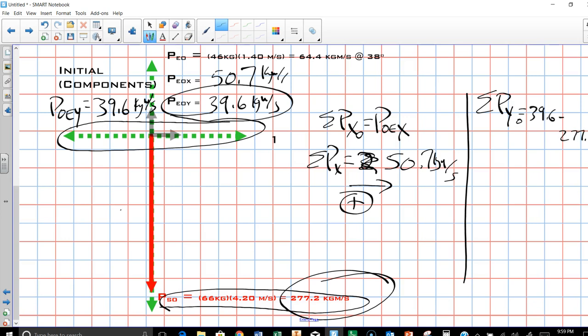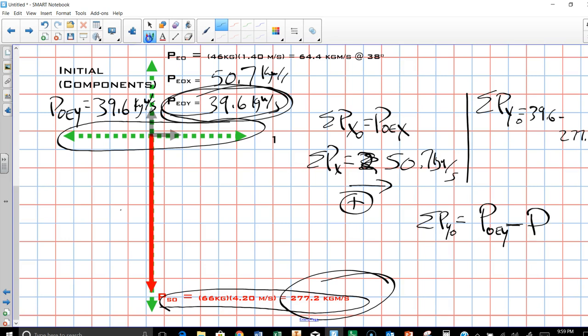Or if I was going to write it out in symbols, and let me give myself a little more space, I would write the net momentum in the y before the collision is going to be the upward one, POEY, minus the one that's down.